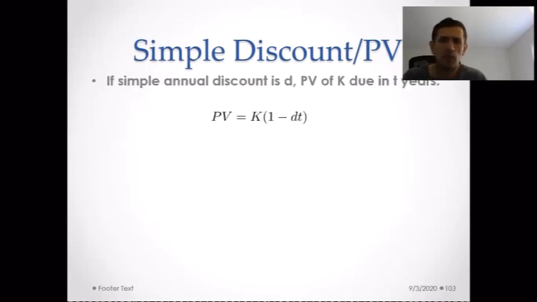So basically, d is just a decimal rate that describes present value according to this formula. Maybe the proper way of thinking about d is that this is really the definition of d. By definition, if we're given a simple annual discount rate of d, then the meaning of that is present value is given by this formula.